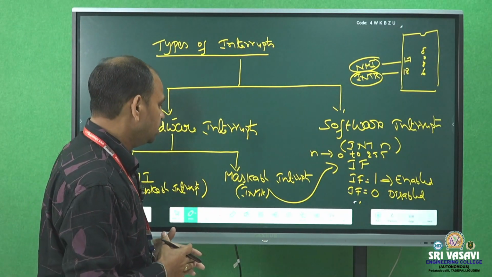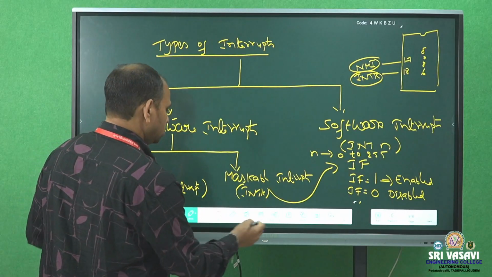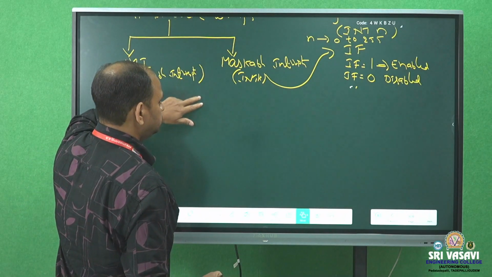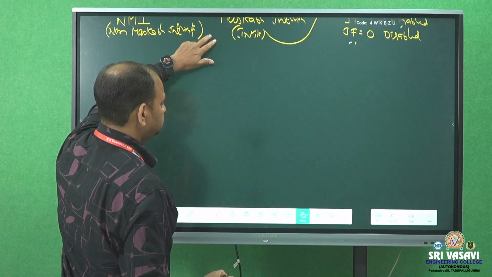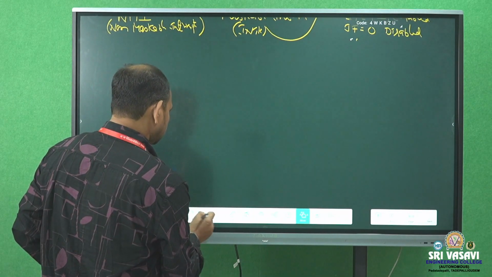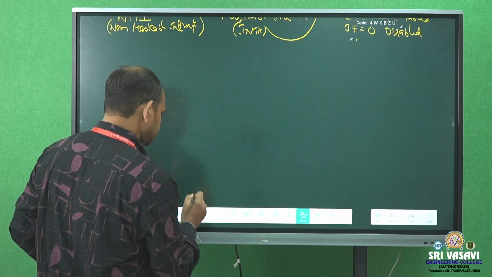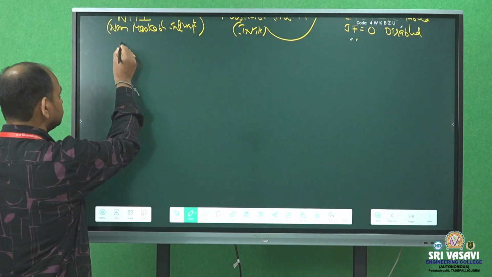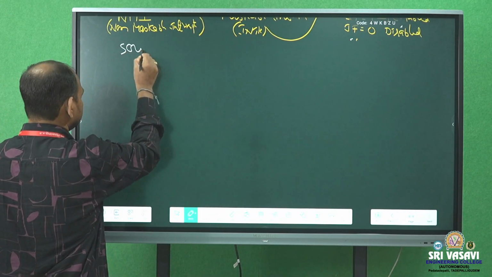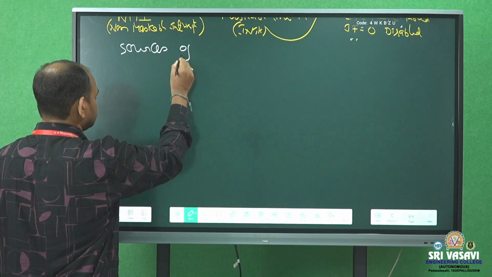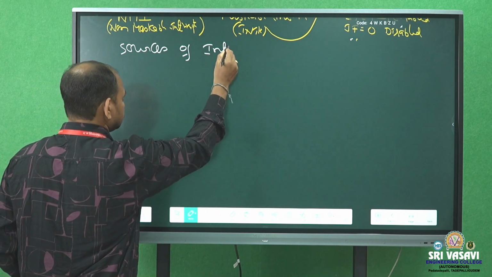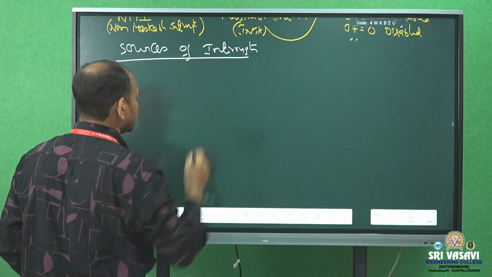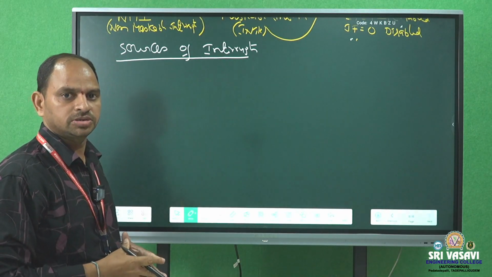Then we'll go for the next topic, the sources of interrupts. What are the sources of getting interrupts by the microprocessor?